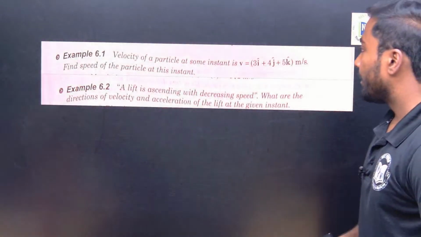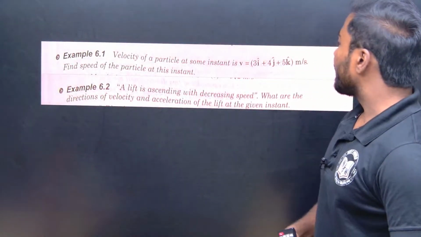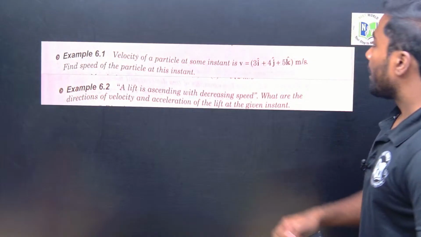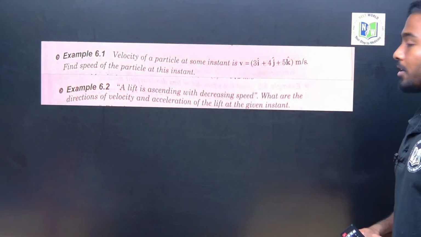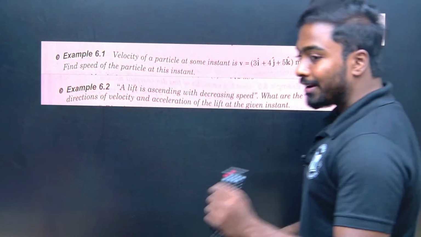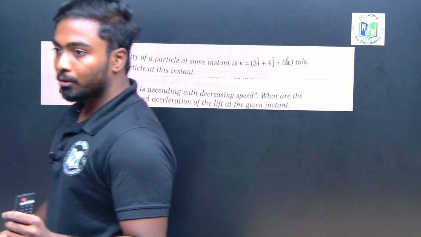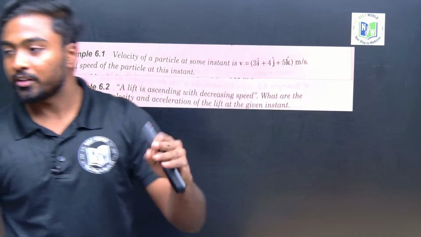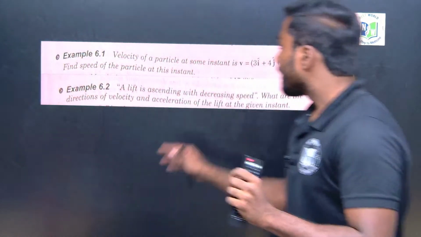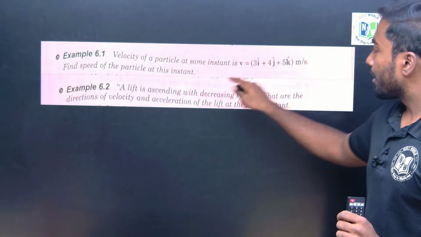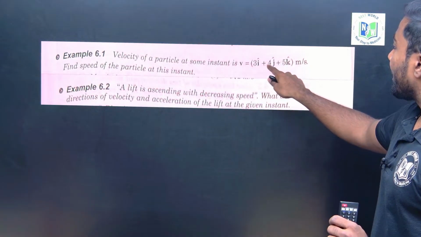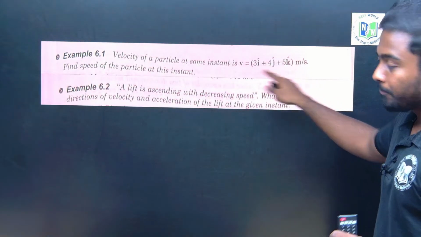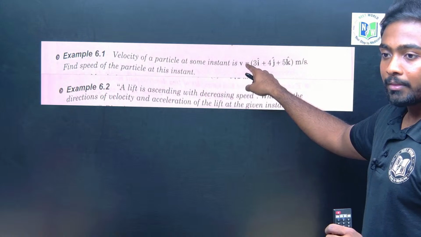So, an example: the velocity of a particle at some instant is v, find the speed of the particle at this instant. We will go into topics like distance, displacement, velocity, speed, everything, but before that, there are examples. Say v equals 3i cap plus 4j cap plus 5k cap, which is the velocity.